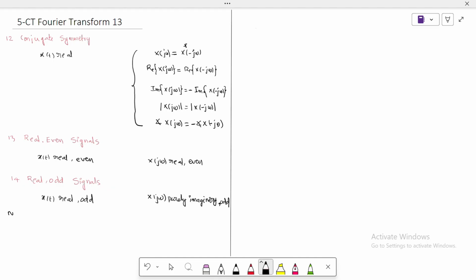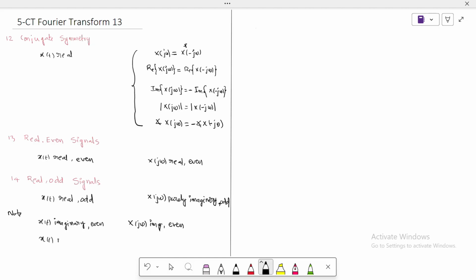So note: if x of t is imaginary and even, X of j omega is also imaginary and even.